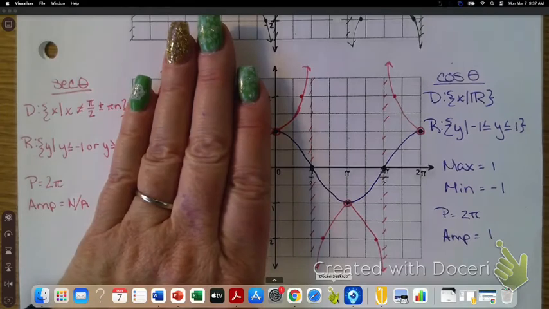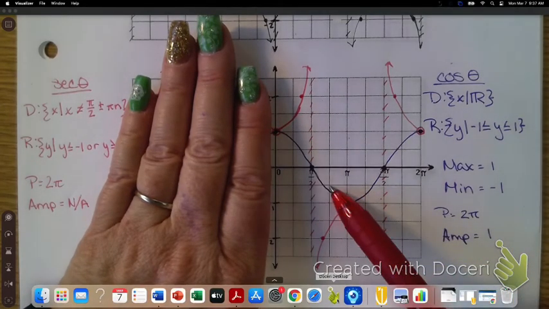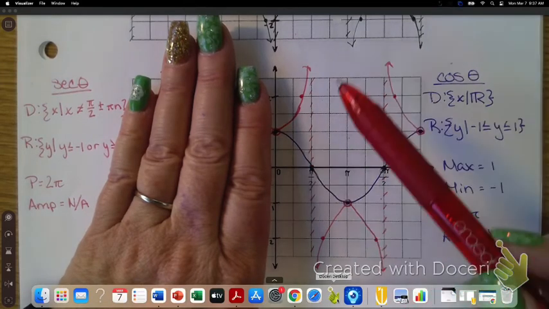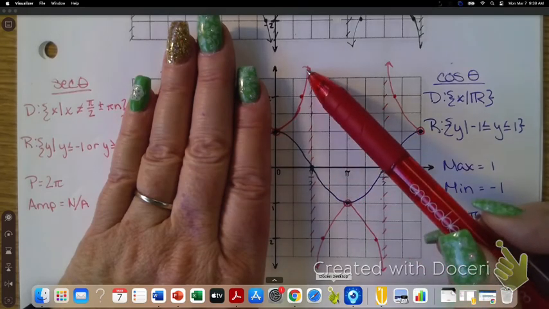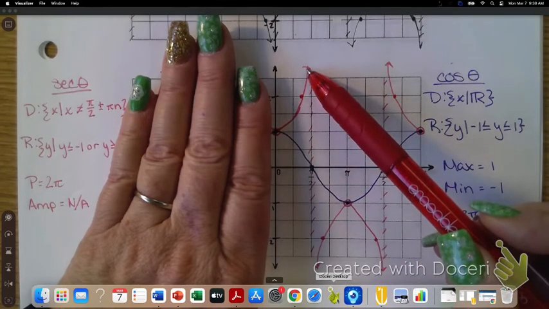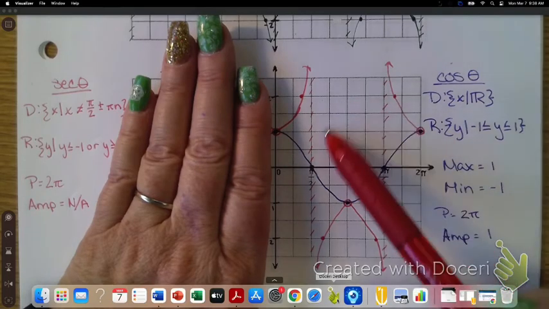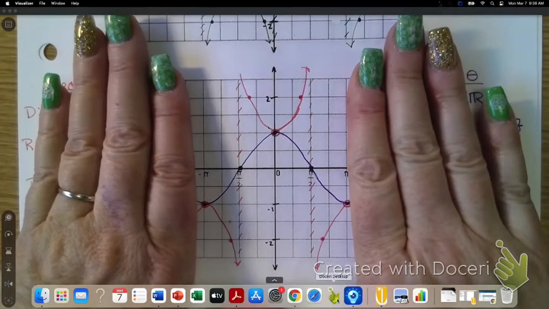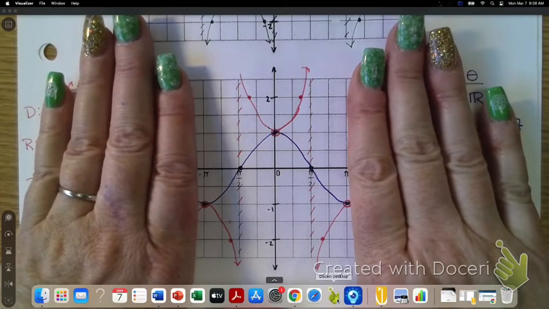Now I will tell you, most times they show you this graph like this. Right here is 2 pi. Do you see the whole period of cosine? Yes. Do I have the whole period of secant? I've just got half of my positives here and half of them there. But do I still have all of them? Yes. Could I cut it from here to here? Yes, it covered both bases.